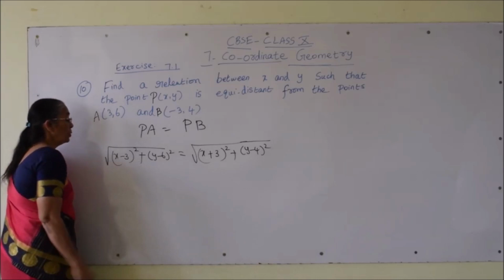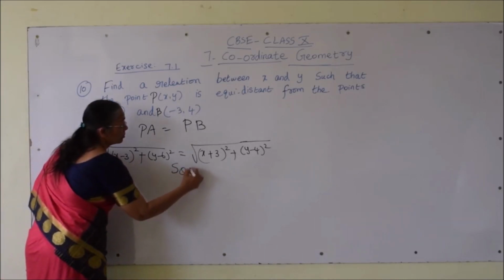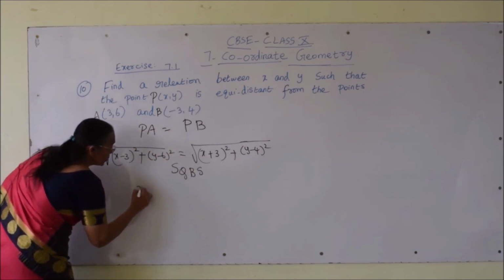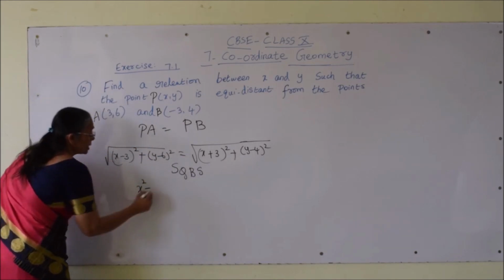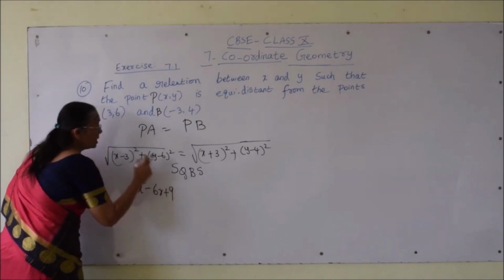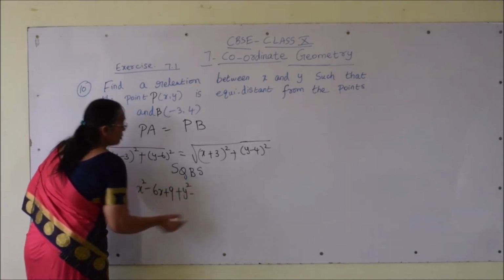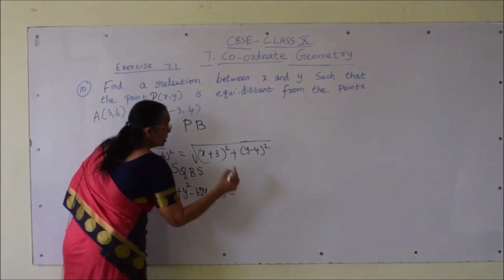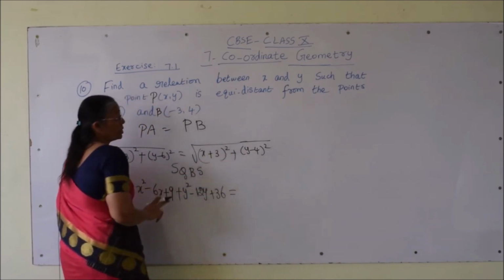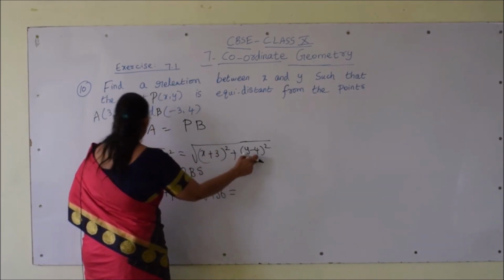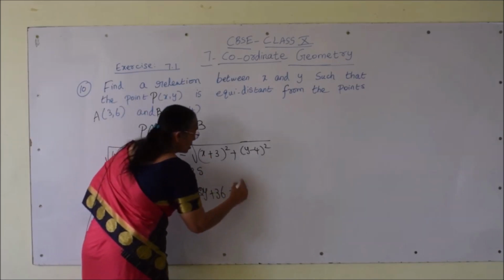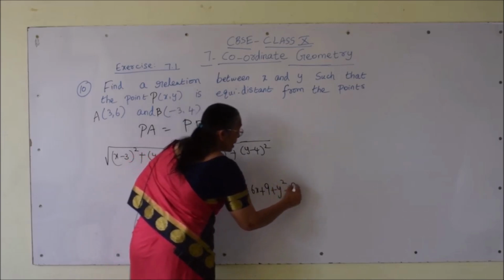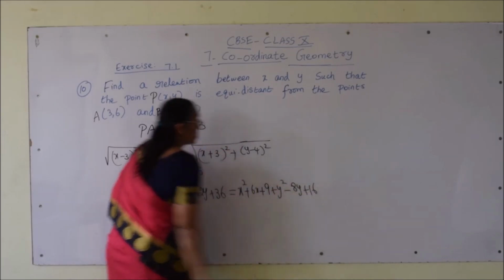Just simplification now. Squaring on both sides, the root will go off. (x minus 3) whole square, using the (a minus b) whole square formula, is x square minus 6x plus 9, plus again by the (a minus b) whole square formula, y square minus 12y plus 36, is equal to, since we are squaring on both sides, using (a plus b) whole square and again (a minus b) whole square, x square plus 6x plus 9 plus y square minus 8y plus 16.